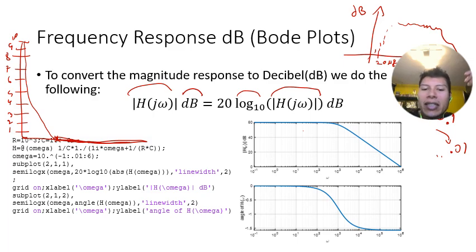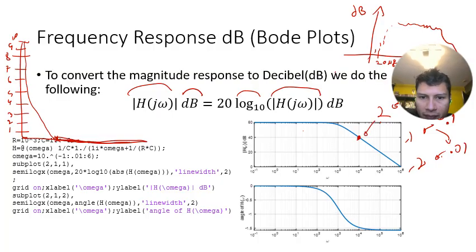And so that's why we do things in a logarithmic scale, because in the case of a logarithmic scale, the log base 10 of this is 1, the log base 10 of this is -1, and the log base 10 of this is -2. And so in decibels, this would be 20 decibels, so it would be right here.